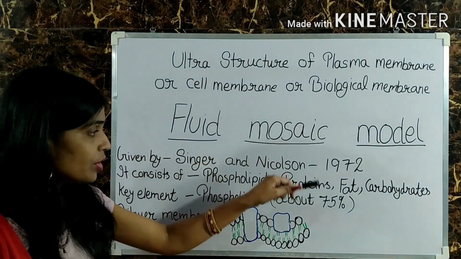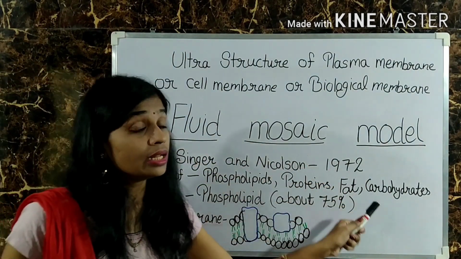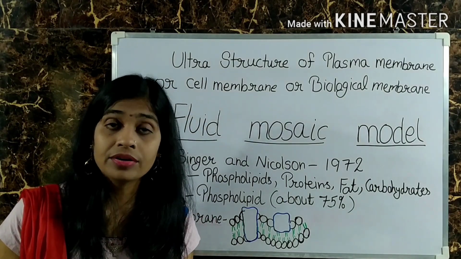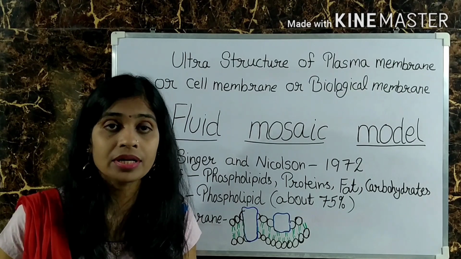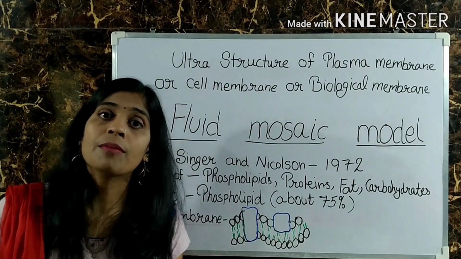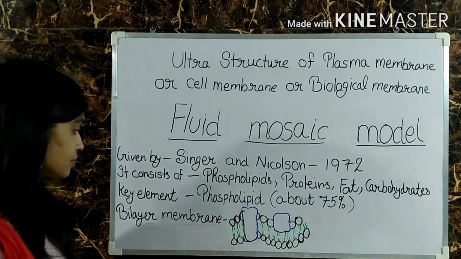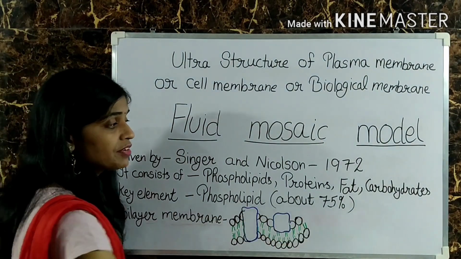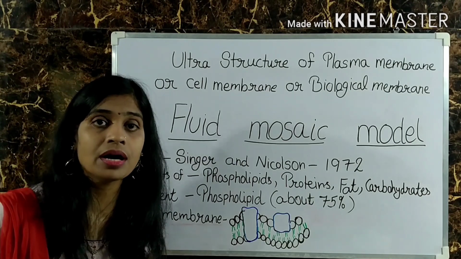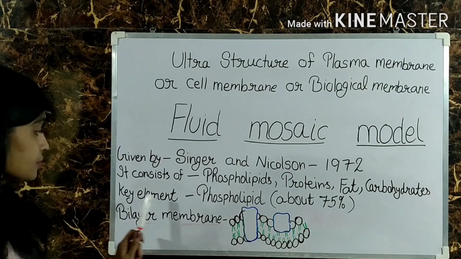Of all these components, the major component, more abundantly found in the plasma membrane, is phospholipids. Phospholipids make up about 75%, and that's why they are the key element of the plasma membrane.